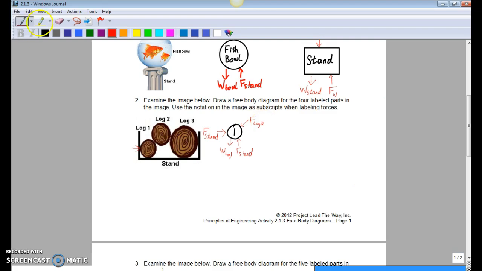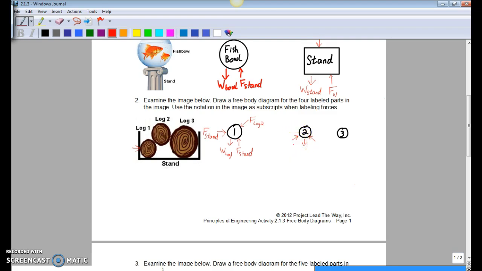To get you started on logs 2 and 3, if I drew the free body diagram for 2 and 3, I'm not going to label everything, but log 2 has 3 forces on it.